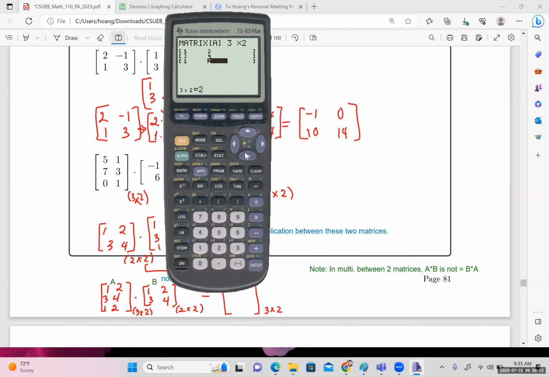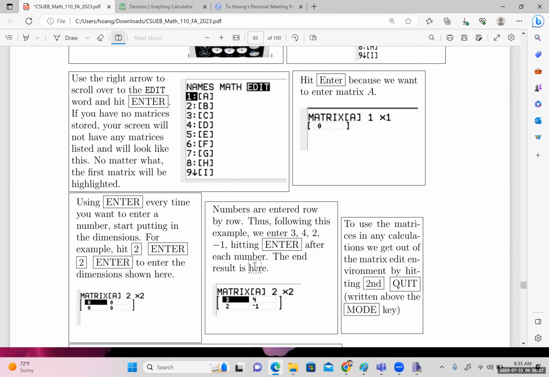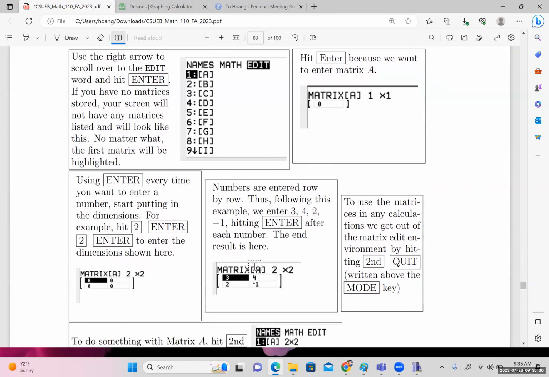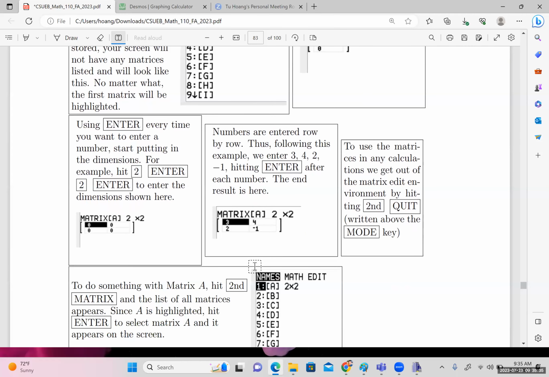Right? And then I move on. So I'm done with setting up matrix A. I'm going to quit and get out of that.